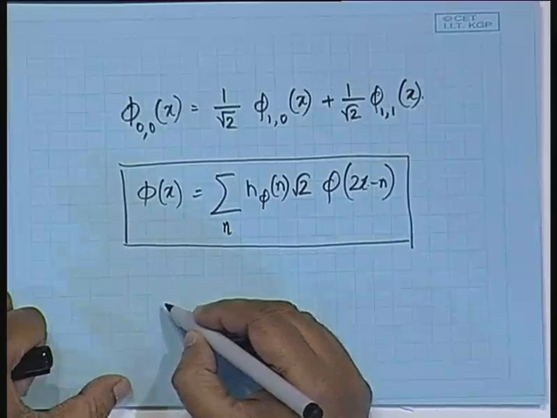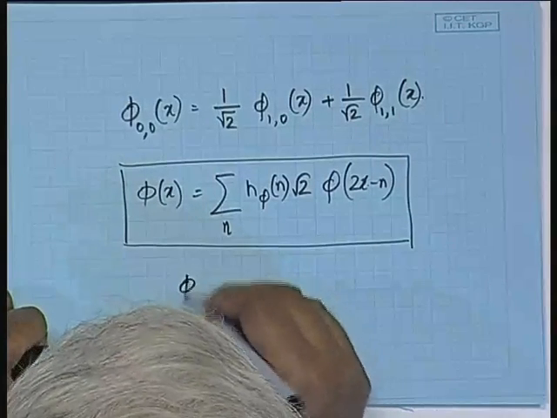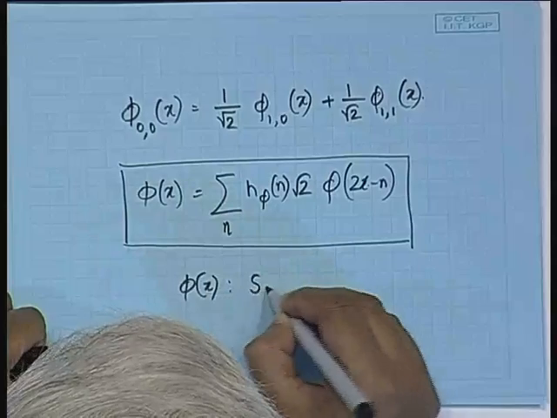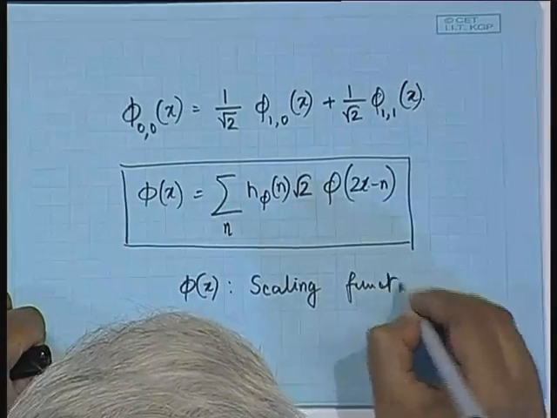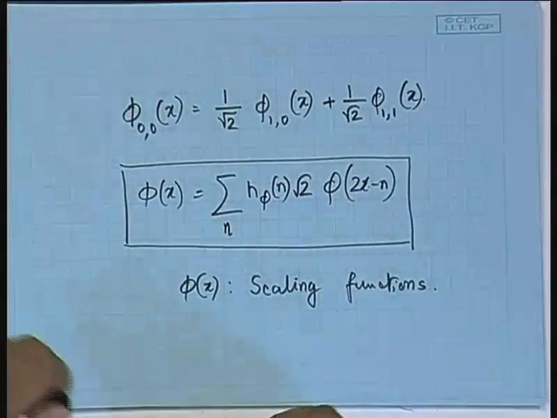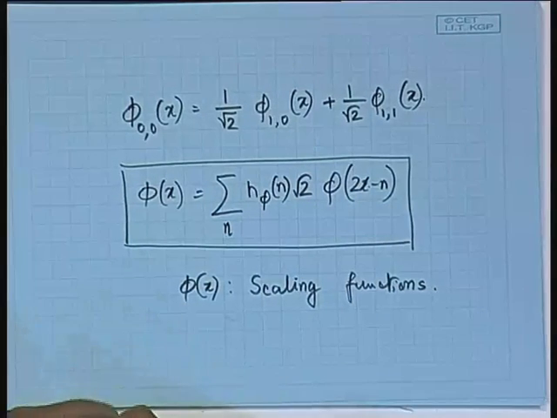And this function phi x, what we designed like this, these are referred to as the scaling functions. Okay. So, next class we will elaborate on this idea further and then show how images can be compressed, images can be transformed using the wavelets. Okay. That we will show in the next class.